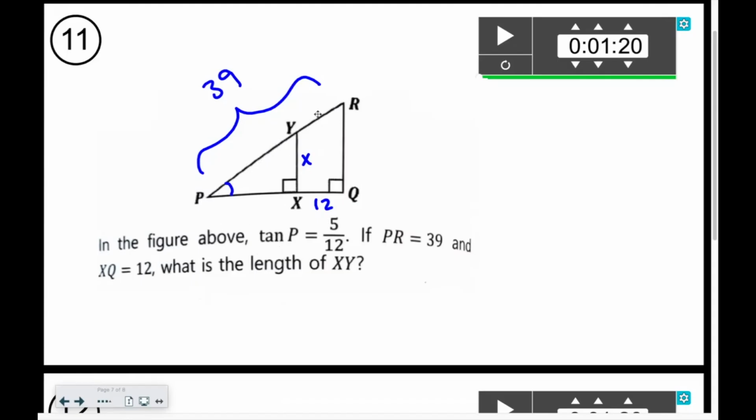So I kind of have to include the bigger triangle.